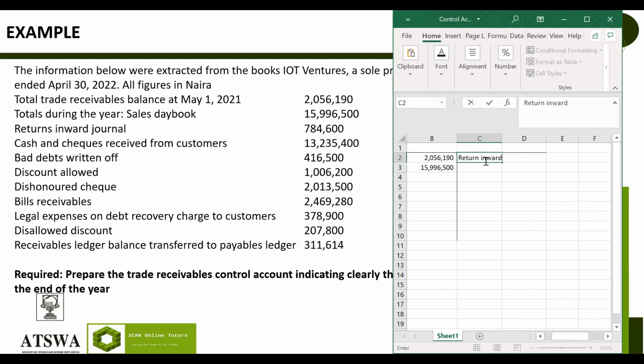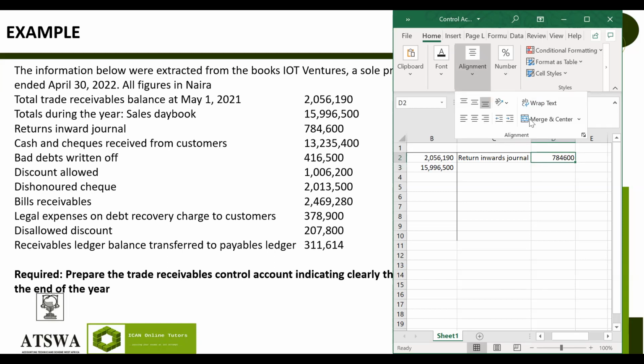We sold something to them, and they returned a little part of it. It will reduce the amount they are owing us, and it's 784,600.